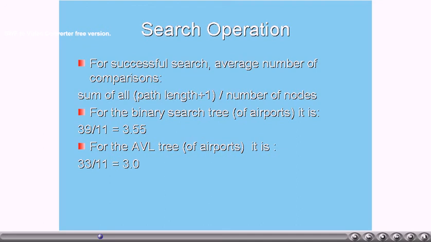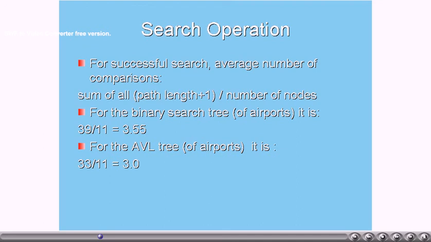If we verify both the graphs, that is the binary search tree of these airport names and also the AVL tree representation of the airport names, we can compute the average number of comparisons, which is the sum of all path lengths plus 1 divided by the number of nodes.